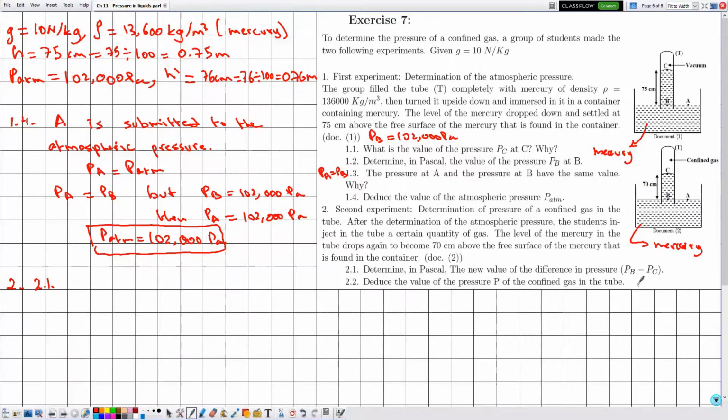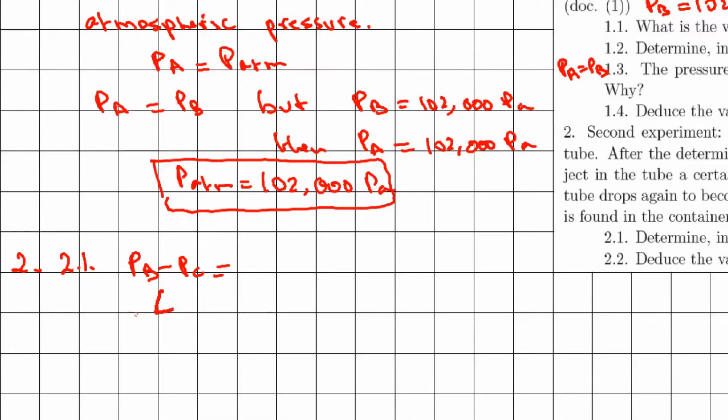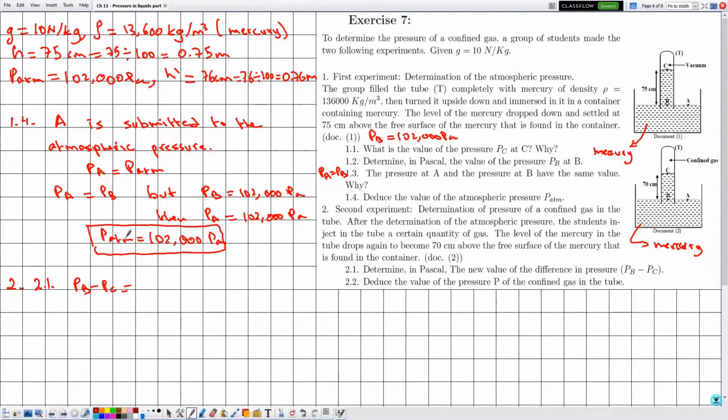Now we need to determine this difference, which is given by PB minus PC, which is in this case given by delta P, which is equal to the density of the liquid times G times H. The liquid is mercury, and the density of this liquid is denoted by rho.